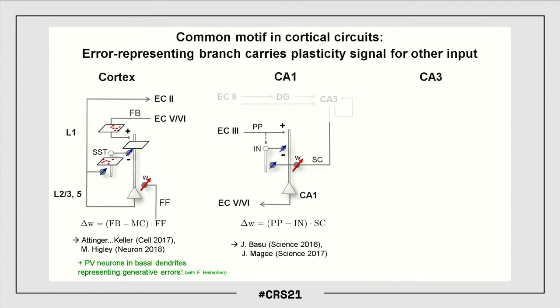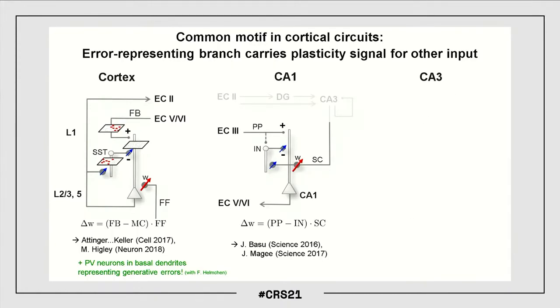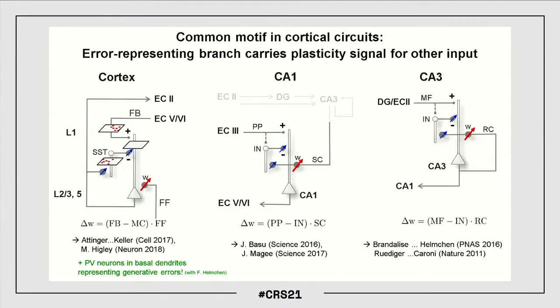That's one thing, but it also may appear in CA1, where the perforant pathway here may be involved in the error representation to teach the Schaffer collateral. Or in CA3, we have the mossy fiber input that may be involved in teaching the recurrent synapses for the recurrent memory there.